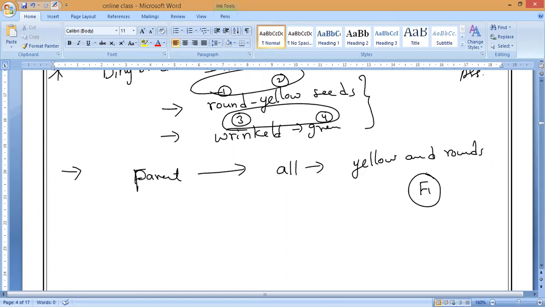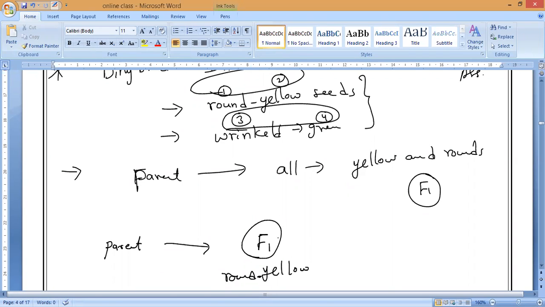In the F1 generation pea plants, he noticed every seed coming is round yellow only. First he made the parental crossing, and the F1 generation comes. In the F1 generation, all are round and yellow seeds only.